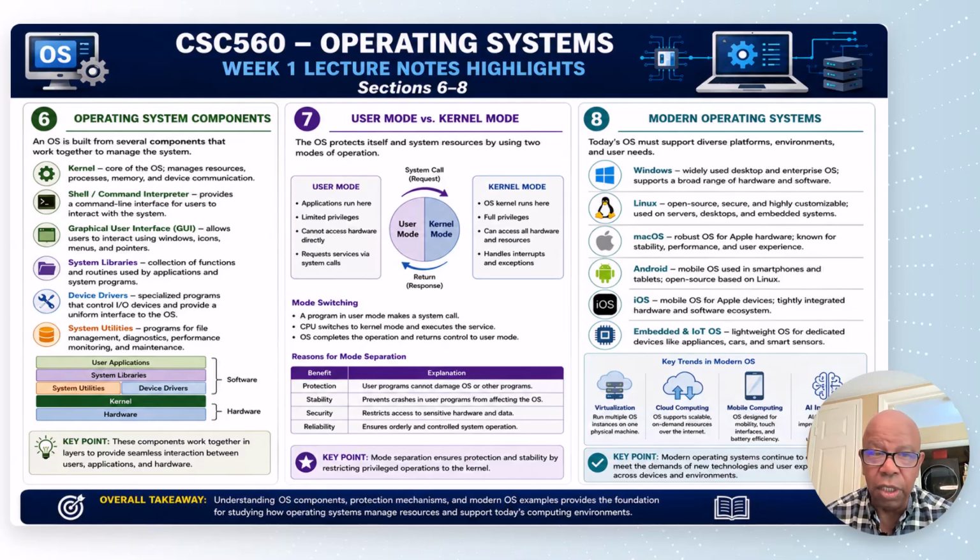Many times they're the services that can be called. Device drivers are specialized programs that control I/O devices and provide a uniform interface for the operating system. System utilities are programs for file management, diagnostics, and performance monitoring.